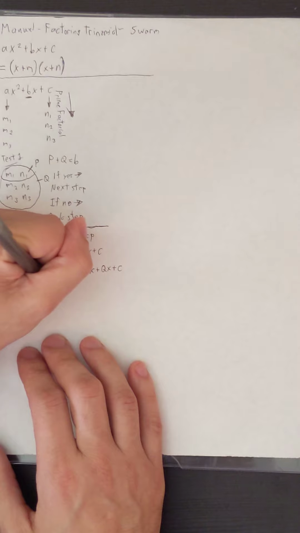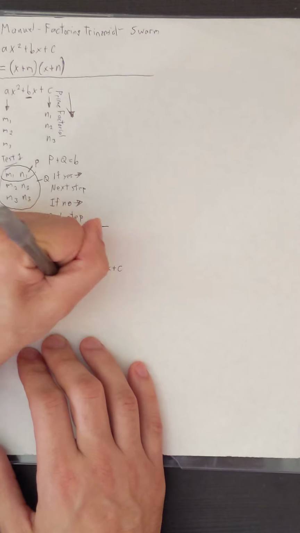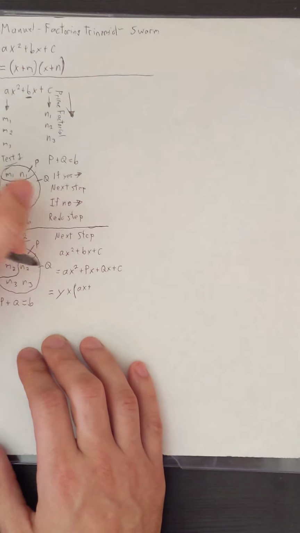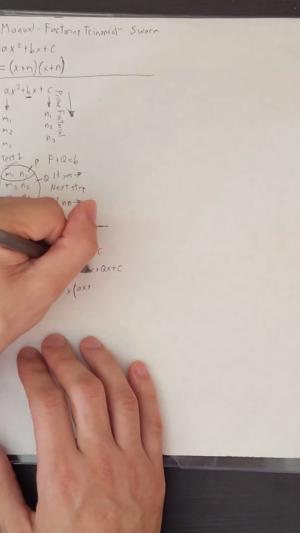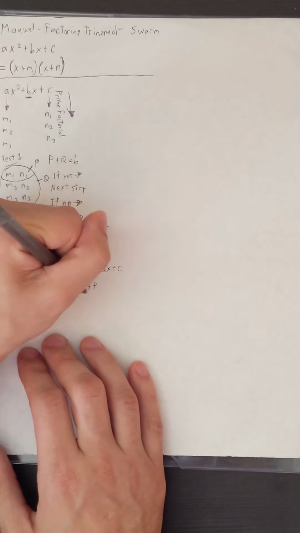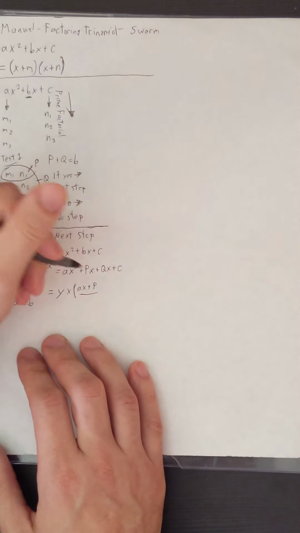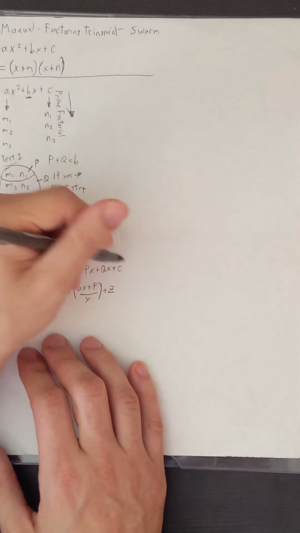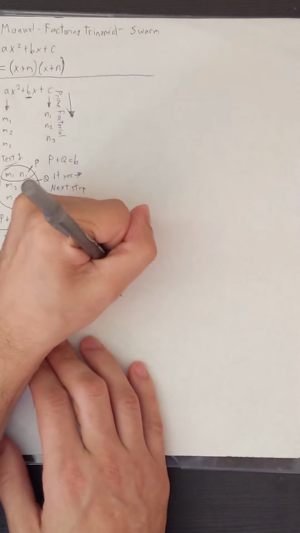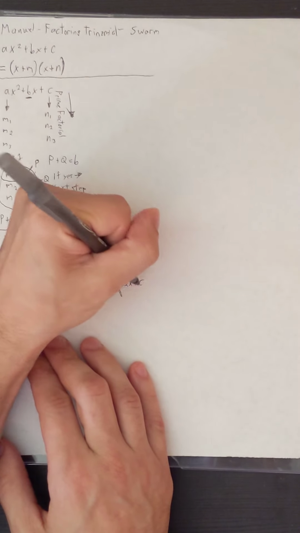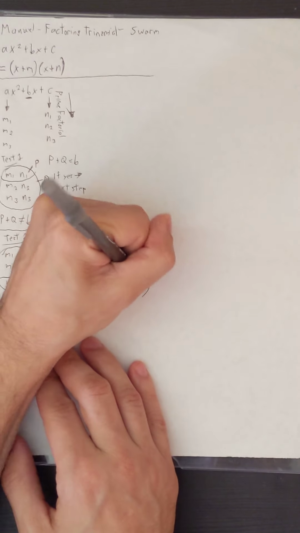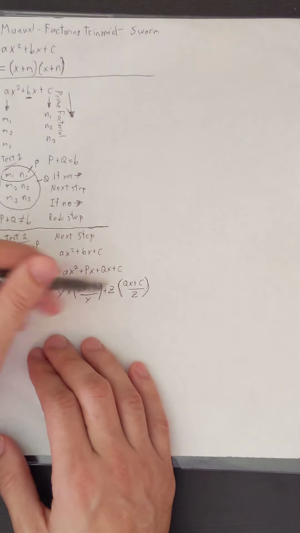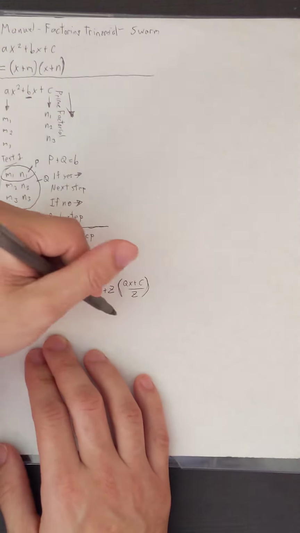So yx times (ax plus p) over y, because with the x outside, that's basically this x factored out, and then plus our new factor, which is for q and c, that's qx plus c over z. Now it looks complicated, but because those factor, it's going to look a lot simpler when you put it all together.